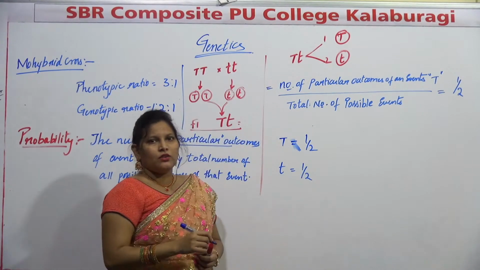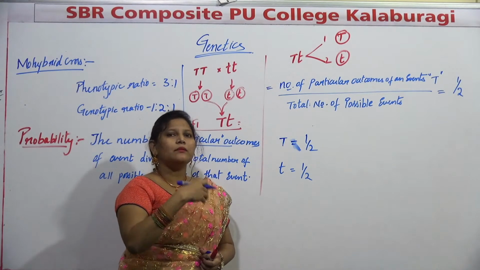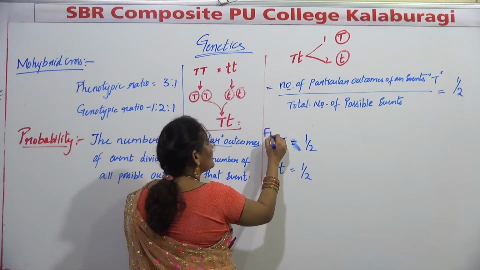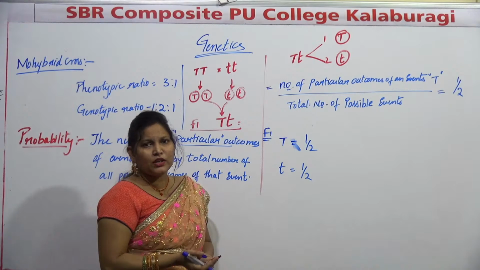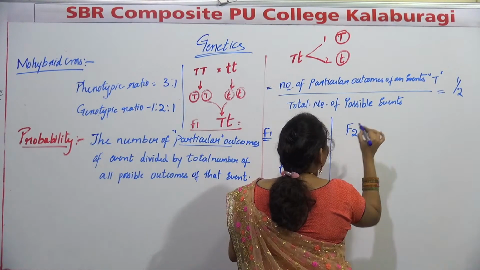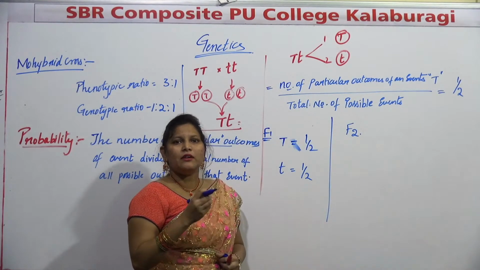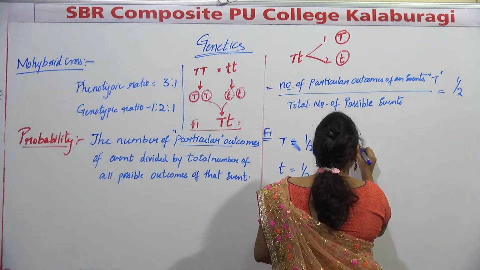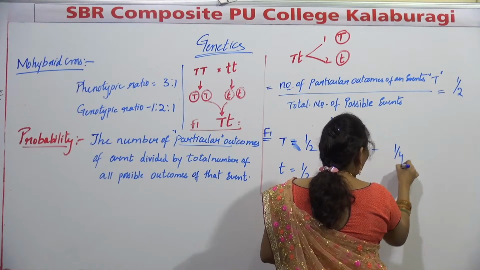The same probability can be extended even to the F2 generation. So here it is F1 generation. If the same probability is extended to F2 generation, what is the probability of the offsprings having the particular genotype? The probability of having the particular genotype capital T capital T is 1 out of 4.